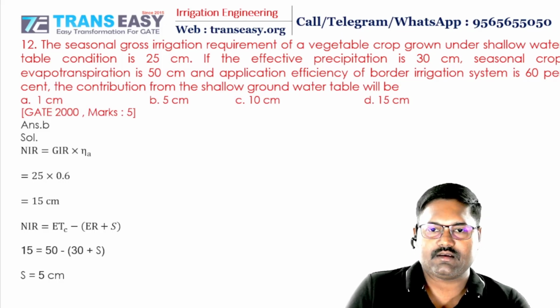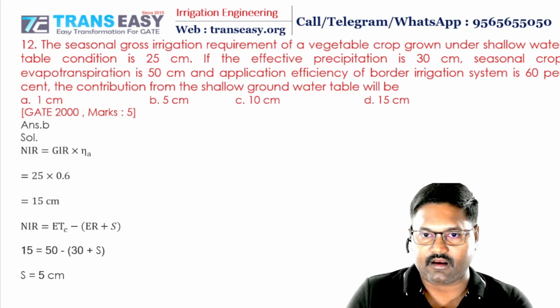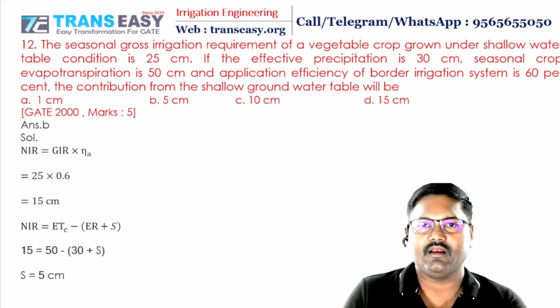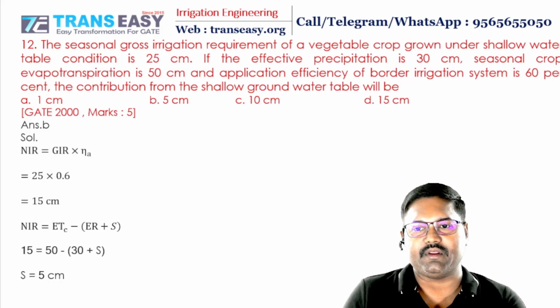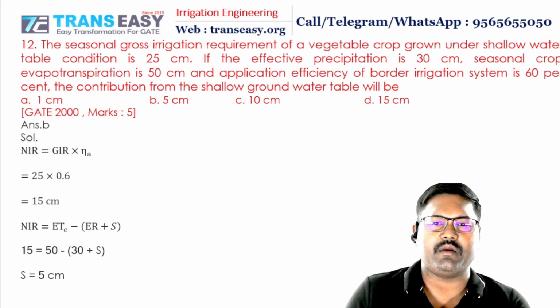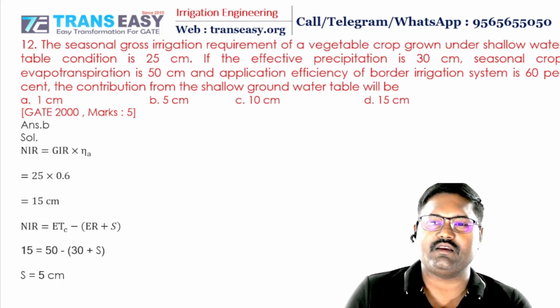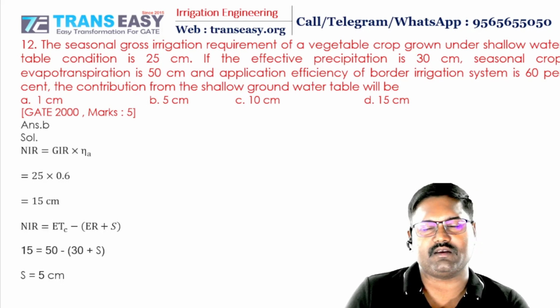The seasonal gross irrigation requirement of vegetable crop grown under shallow water table condition is 25 centimeter. If the effective precipitation is 30 centimeter, seasonal crop evapotranspiration is 50 centimeter, and application efficiency of border irrigation system is 60%.